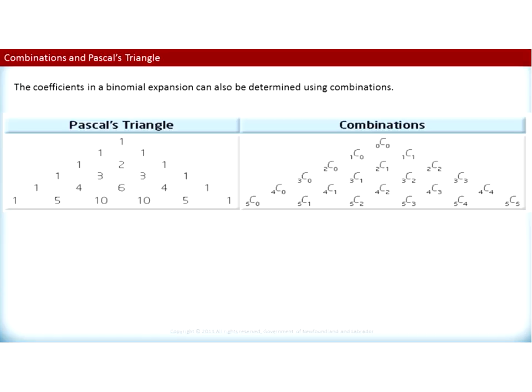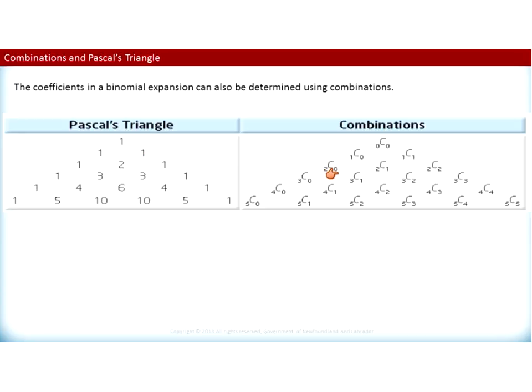The coefficient of the binomial expansion can also be determined using combinations. It's interesting that the numbers in Pascal's triangle are actually these numbers that you see here. The C of 0 choose 0 is 1. The C of 1 choose 0 is 1. The C of 1 choose 1 is 1. These numbers coincide.